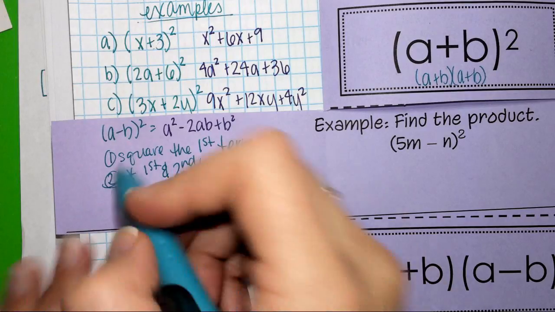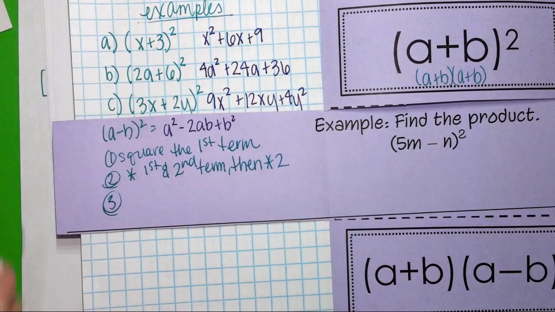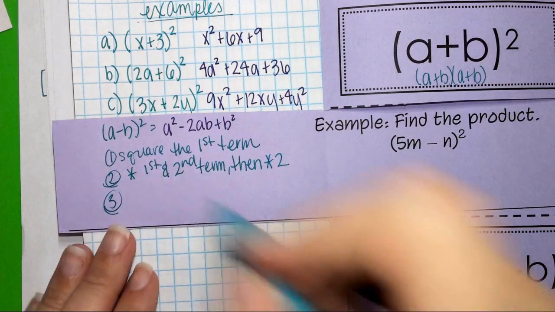And what's the last step? Square the last term. Take a point.